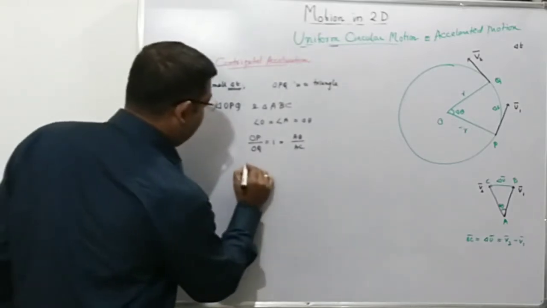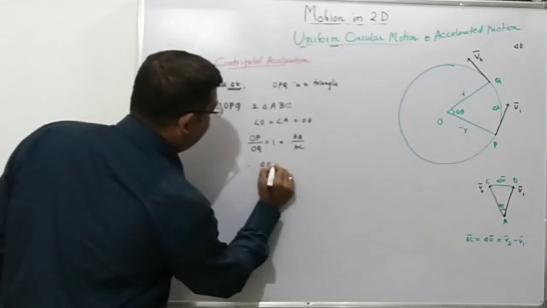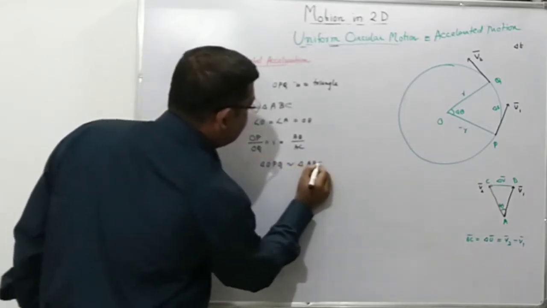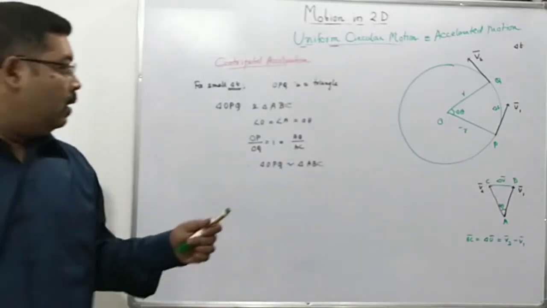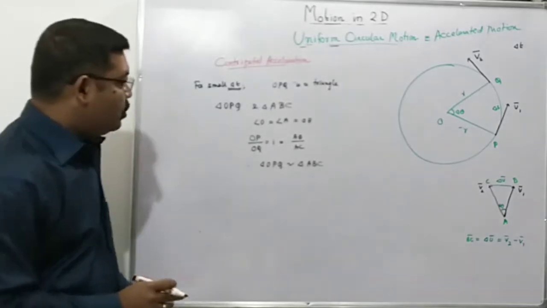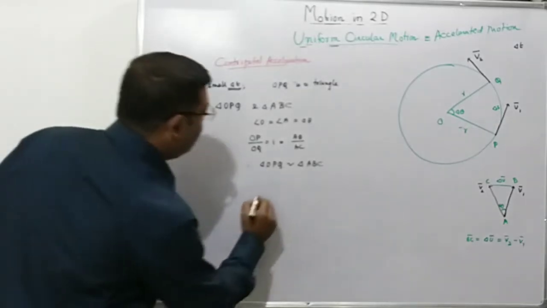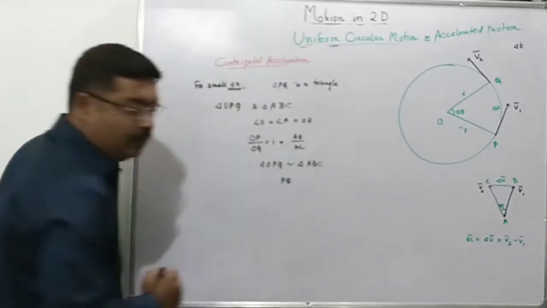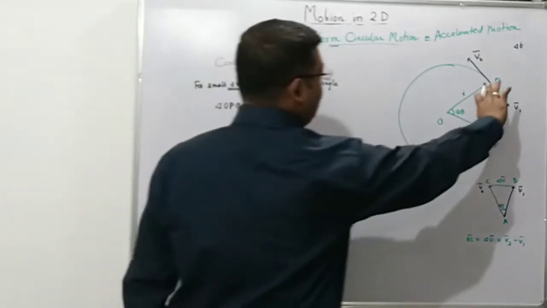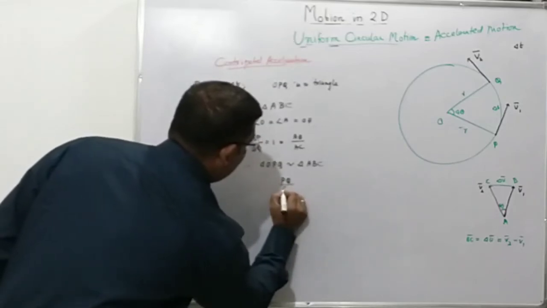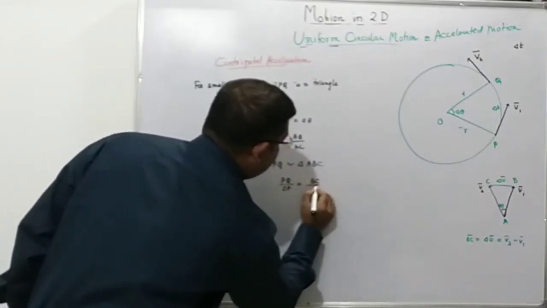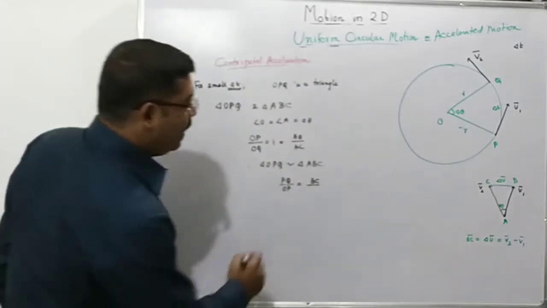Therefore, these two triangles OPQ and ABC are similar. Basic geometry, right? We know this. And so we must have PQ divided by OP must be equal to BC divided by AB.